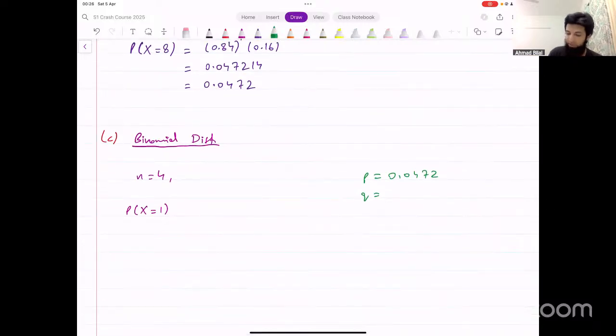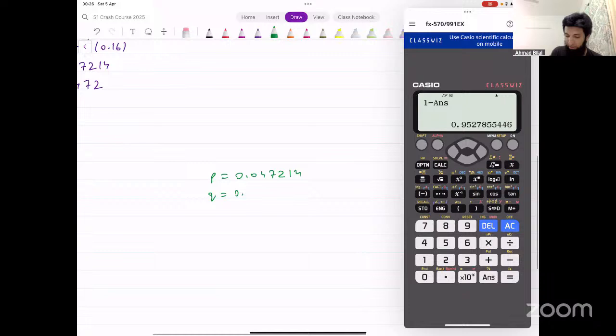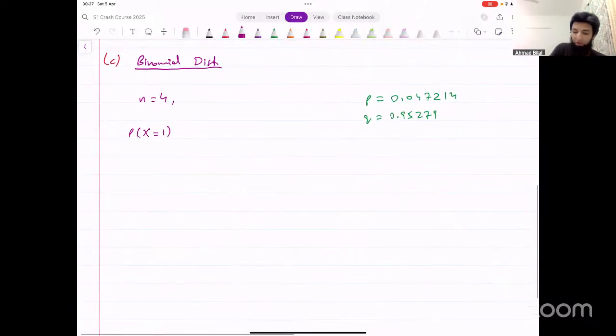So probability of success is this. What about probability of failure? Let's subtract this from 1. That's 0.95279. That's the probability of failure. We're talking about binomial distribution.